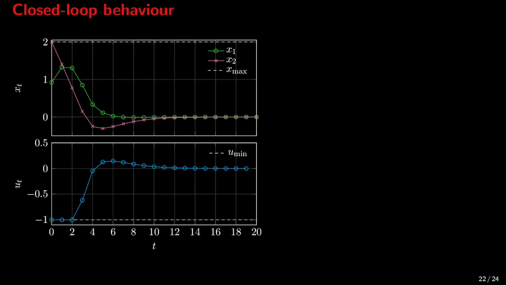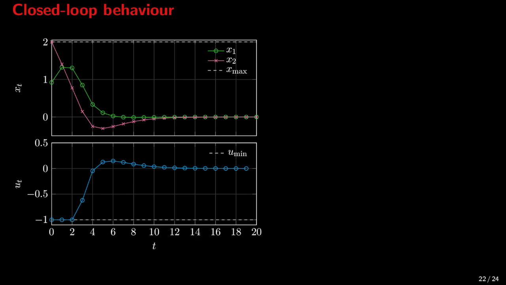We can see the same by plotting x against time and the input u against time. x1, the first coordinate, is the green line, the second coordinate x2 of the state is the pink line. We see the dashed line, which is x max.